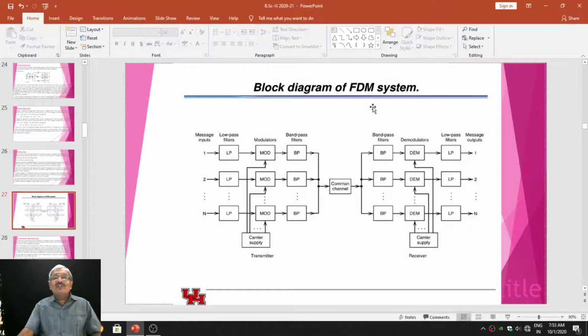So that's all about frequency division multiplexing, with which we can send a large number of channels through the same cable up to the receiver.